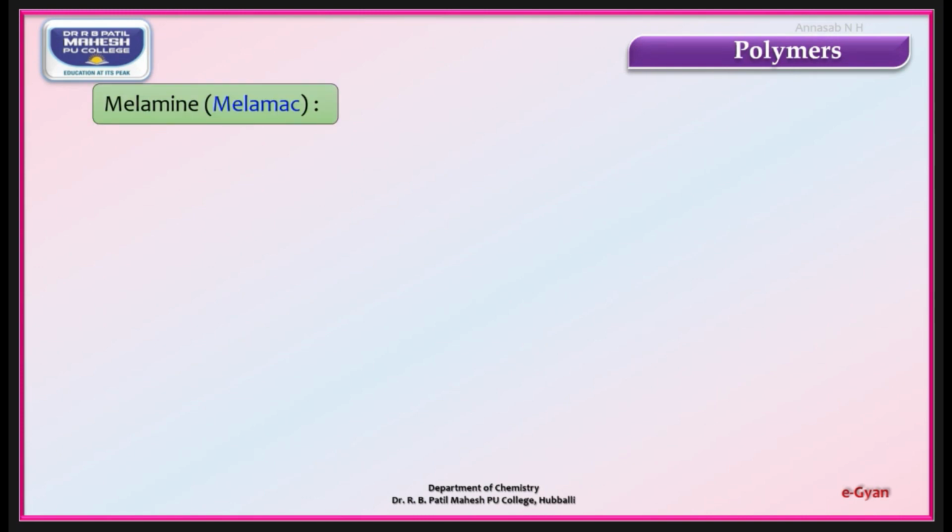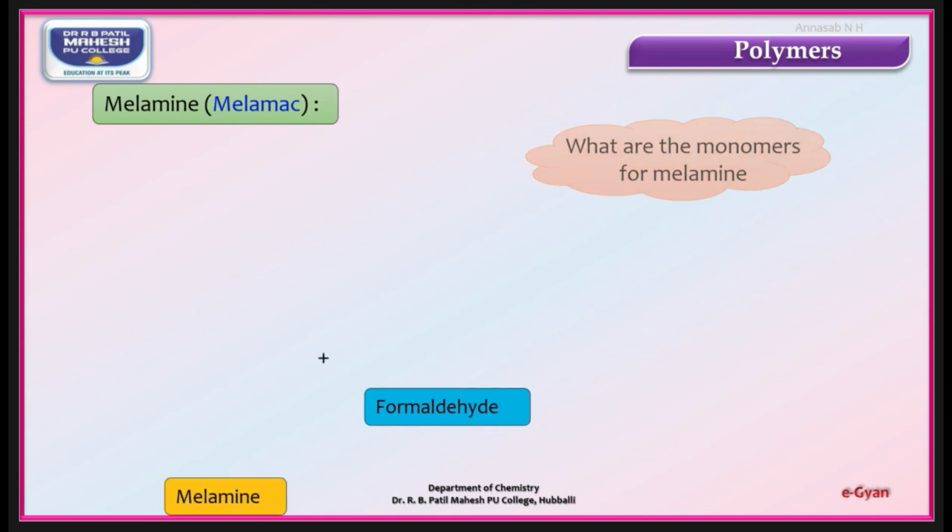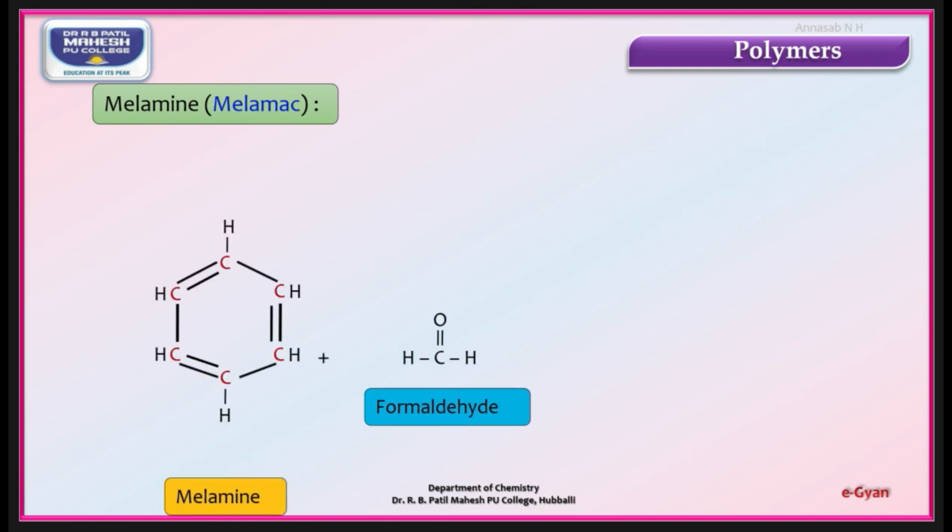melamine, which is also known as melmac. The monomer for melamine we are going to learn. We have a benzene ring here. Remove hydrogen atoms and the adjacent carbon atoms, and place nitrogen atoms. The 3 carbon atoms which are present as ring members now contain NH2 groups instead of hydrogen atoms.